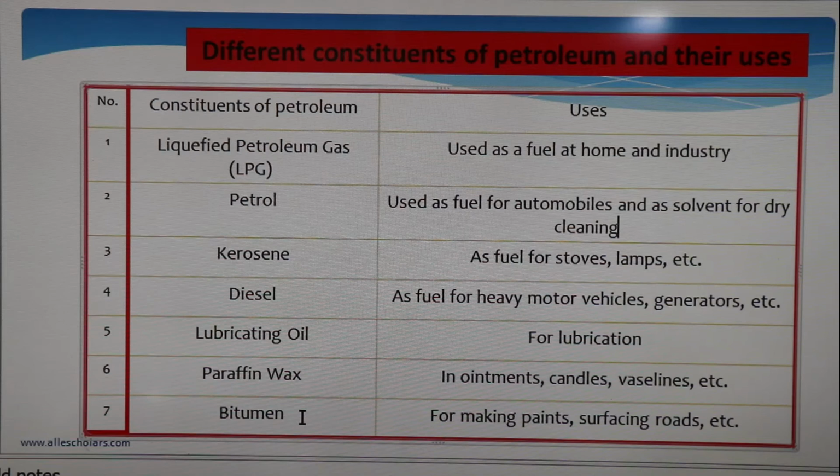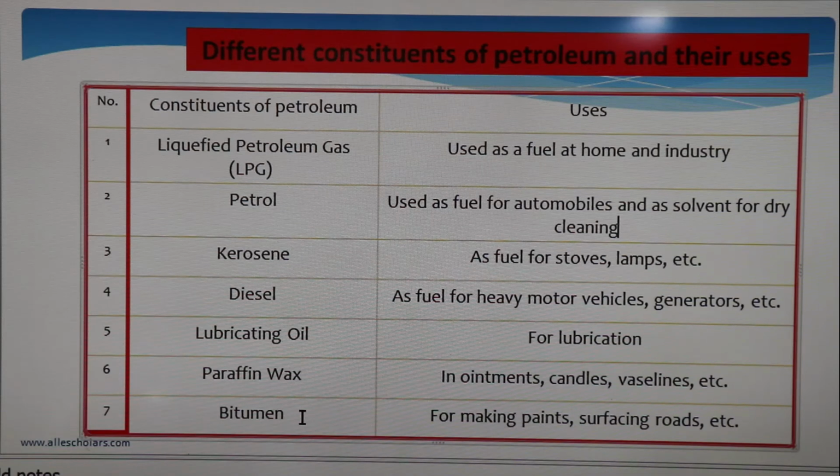And the next constituent of petroleum is bitumen. This bitumen is used in making paints. It is used for surfacing roads. In the roads also this bitumen is used.